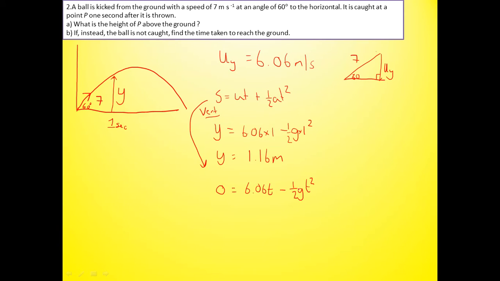Remember, take out the common factor. Remember, half g ends up being 4.9.